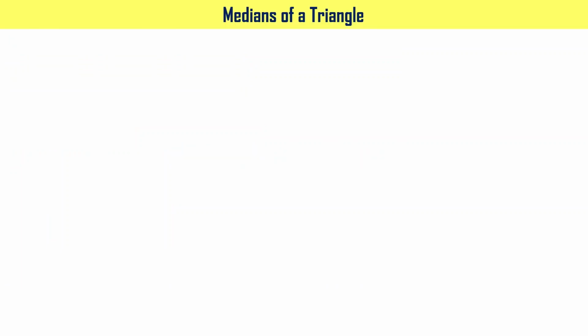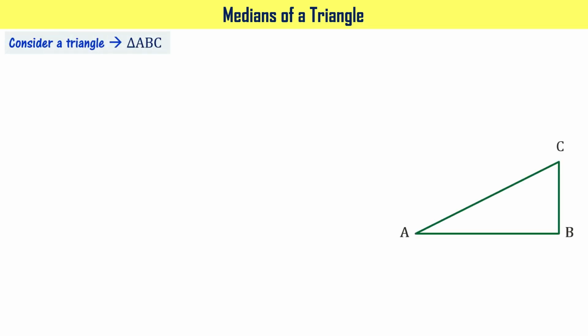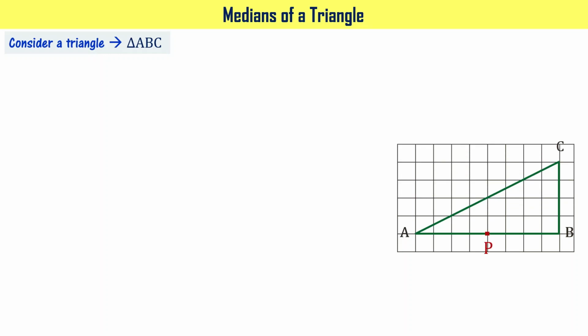Let's learn about the centroid of a triangle now. Prior to that, let's understand about medians of a triangle. Let us consider a triangle ABC as shown here. As you see here, the point P is the midpoint of side AB, right? The length of line segment AP is 4 units and PB is 4 units. That's why it is a midpoint.